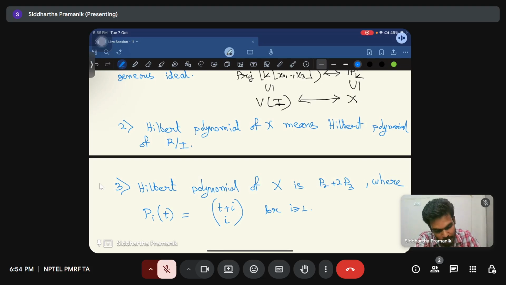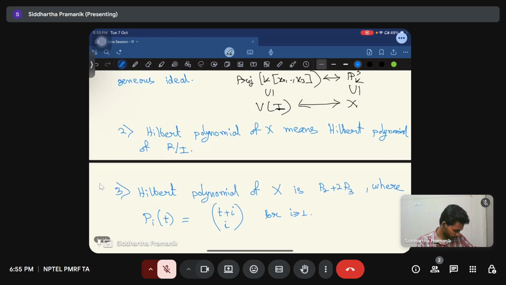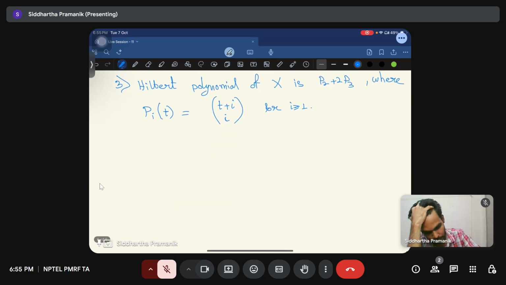Now from this, what can we conclude? Here the highest term is 3. So the dimension of X is 3.